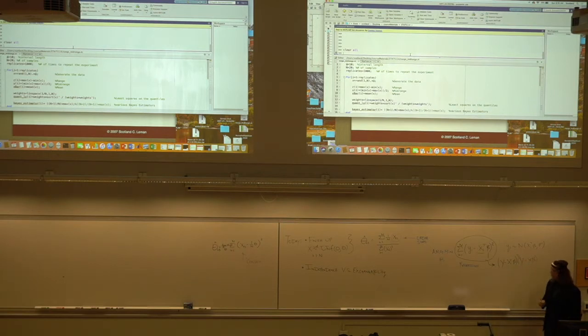So that sum can be written in matrix notation. This thing right here would be the y's, and this would be a matrix of all of your x's.